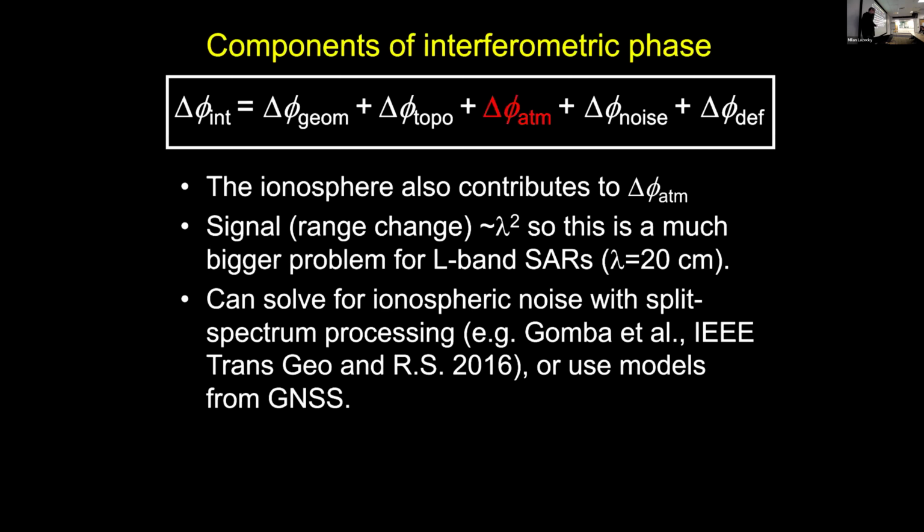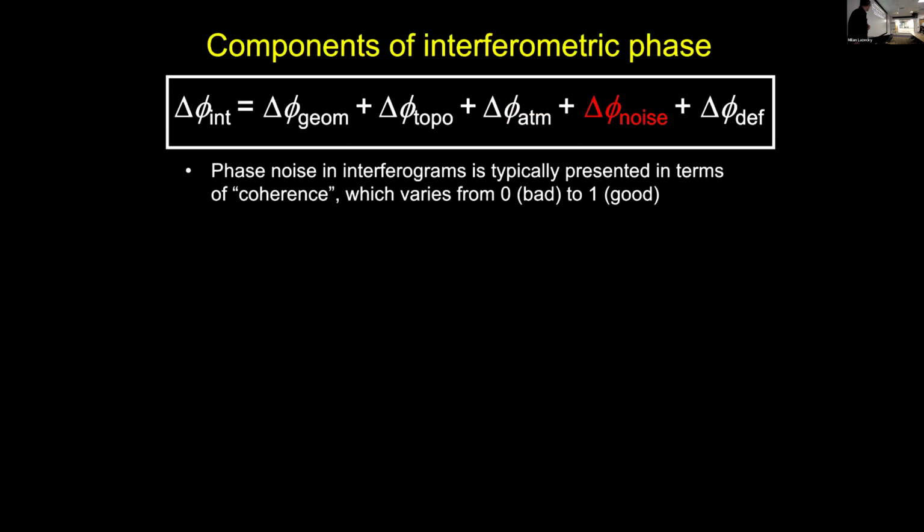The NISAR mission, which will be L-band and launched next year, deliberately transmits at a quite separate frequency in order to make these ionospheric corrections, so that should be done fairly easily. There are also global models from GNSS data. They tend to be relatively low resolution, and we've started making corrections for those in the COMET LiCSAR system. We provide an ionospheric layer for some of our frames, not all of them yet.